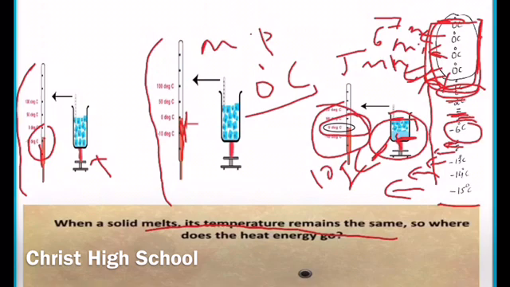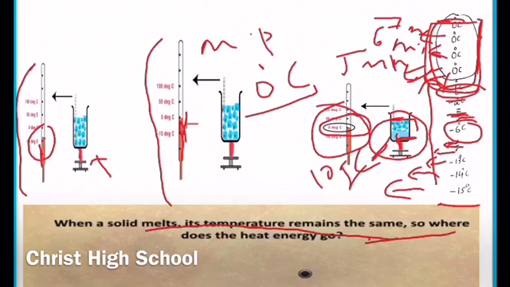So we can conclude that whenever a solid undergoes melting, the melting point remains constant till the whole solid changes into liquid.